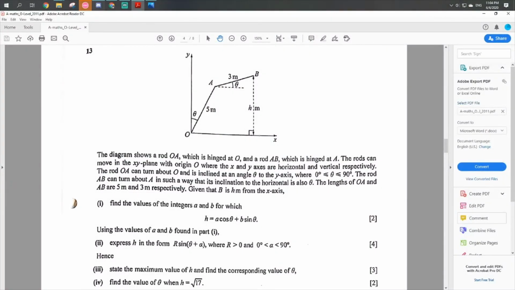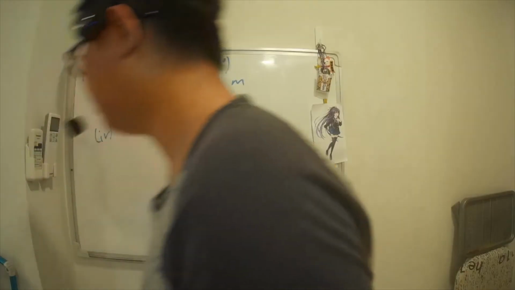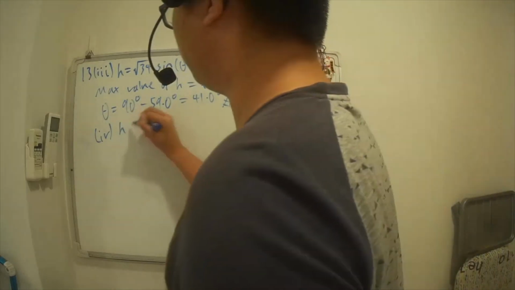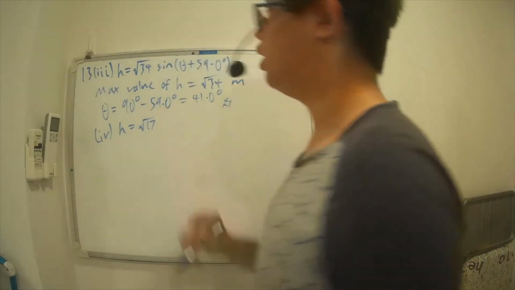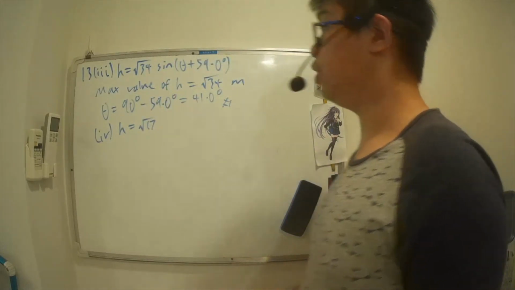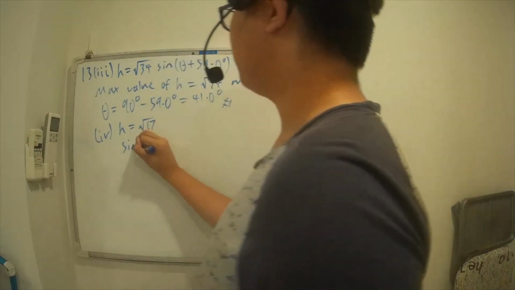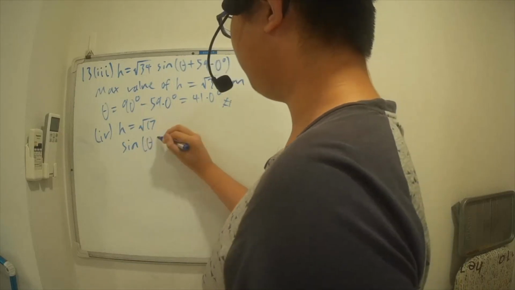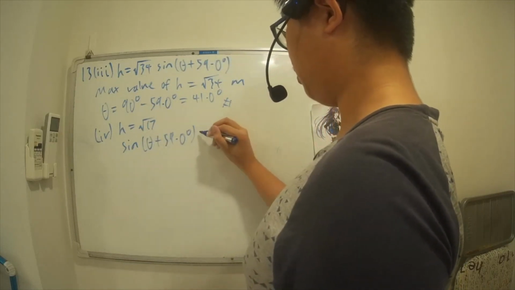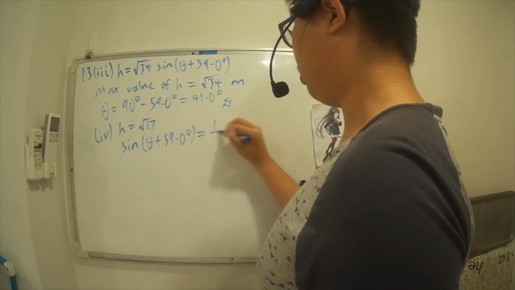For the last part, we need to find the value of theta when h is equal to the square root of 17. Okay? So h is equal to square root of 17. But square root 34 is square root 17 times square root 2, which means that we know that sine of theta plus 59.0 degrees is equal to 1 over the square root of 2.